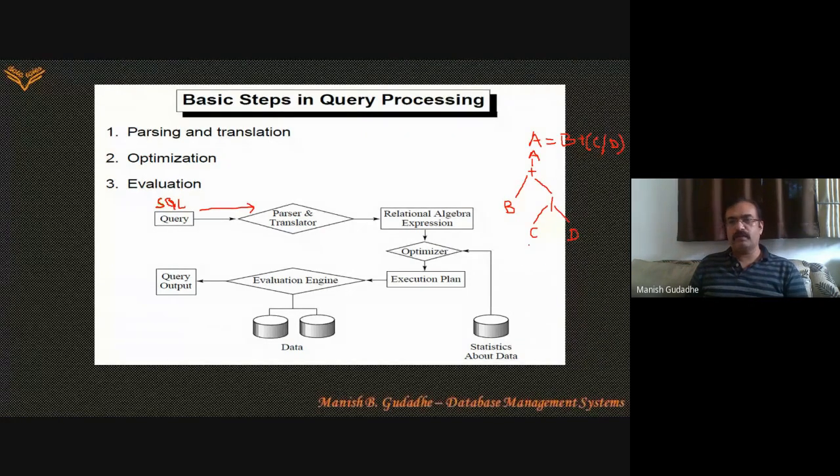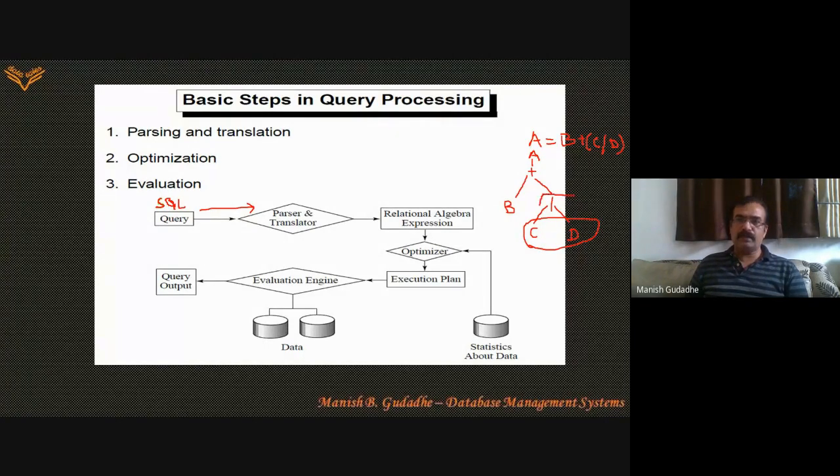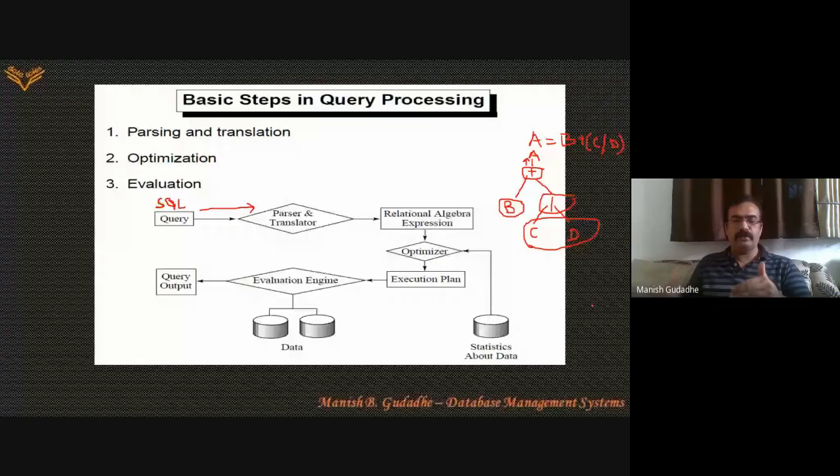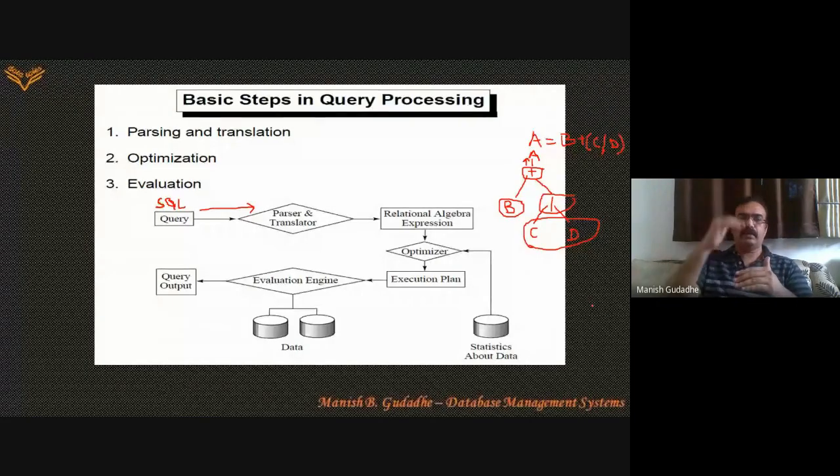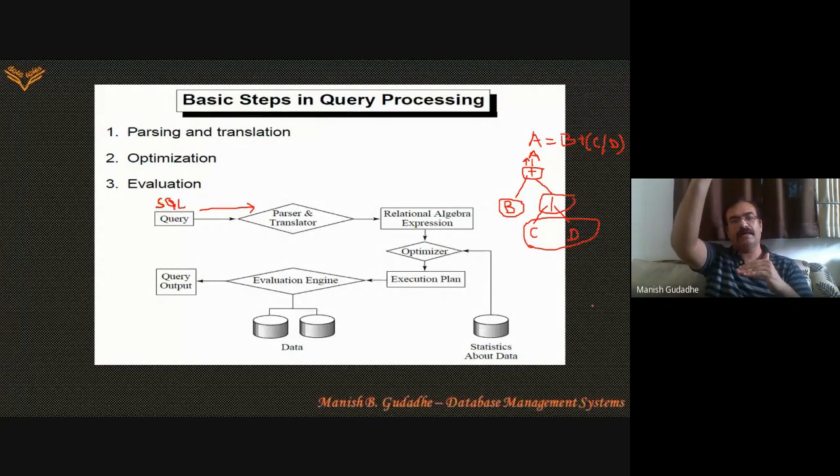At the first level, we bring C and D. At the second level, we get the result of C divided by D and fetch B. From the lower level, you start and reach the higher one. So this is called a parse tree.